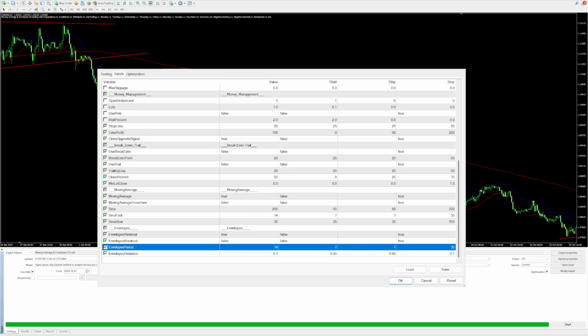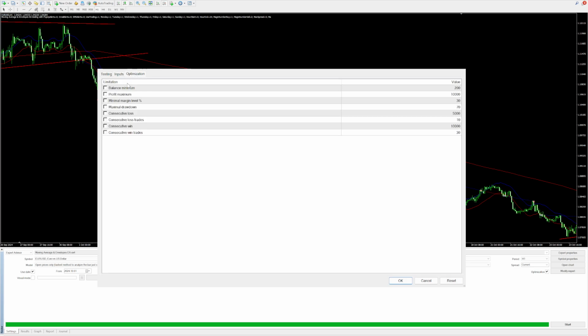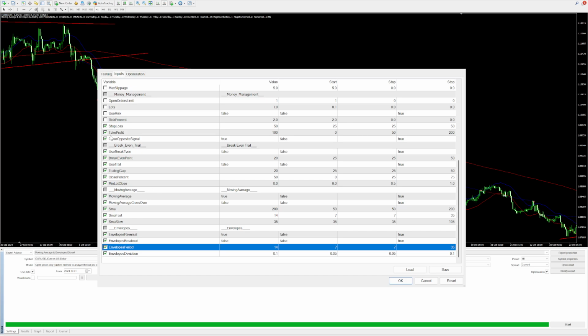Right, so we've chosen quite a few settings there to optimize. In this optimization tab here, basically an optimization will combine all these different parameters that we've selected and show you what different results would be over the historical data that you've chosen.